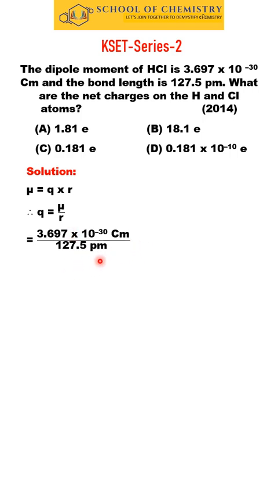This is in meters and this is in picometers, so it is essential to convert picometers into meters. Pico stands for 10 raised to minus 12. So we get the expression 3.697 into 10 raised to minus 30 coulomb meter divided by 127.5 into 10 raised to minus 12 meters.